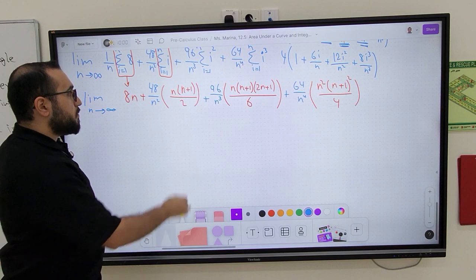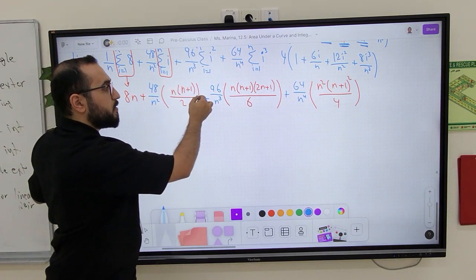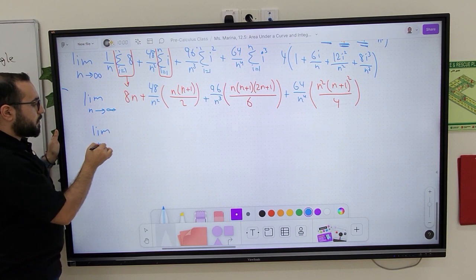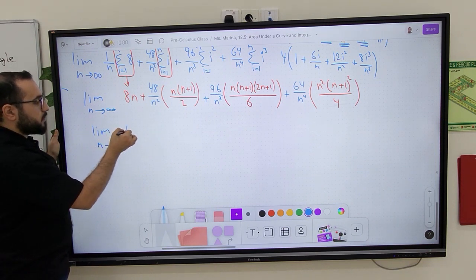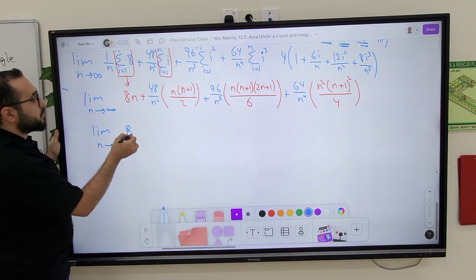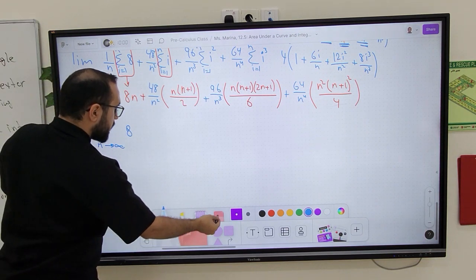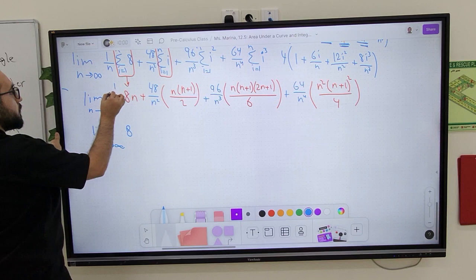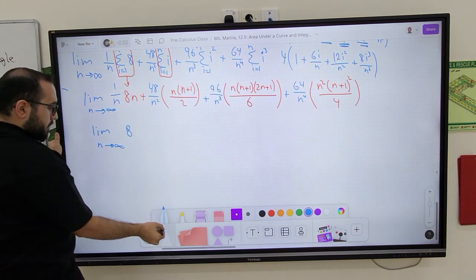Now what we have to do, just multiply the numerator with the numerator, denominator with the denominator. So limit when n approaches infinity, so it will be 8. Oh, sorry, I forgot to get this one down. So 1 over n, sorry.